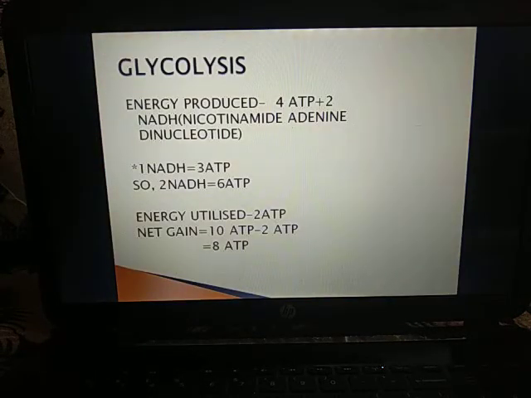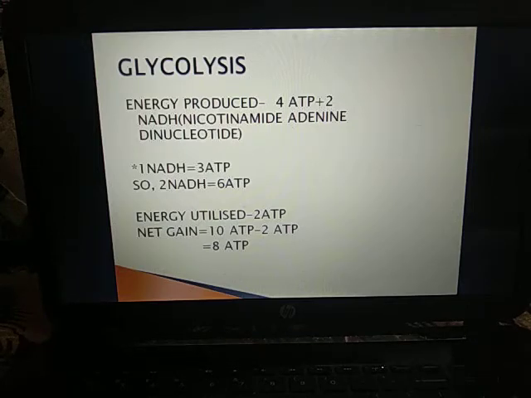So in glycolysis we had studied that the energy that is produced is 4 ATP and 2 NADH, that is nicotinamide adenine dinucleotide, and one NADH is equal to 3 ATP. So 2 NADH are produced, so 6 ATPs are produced.